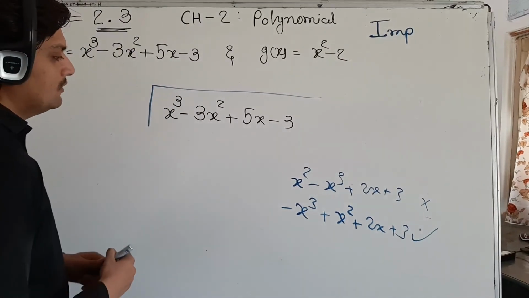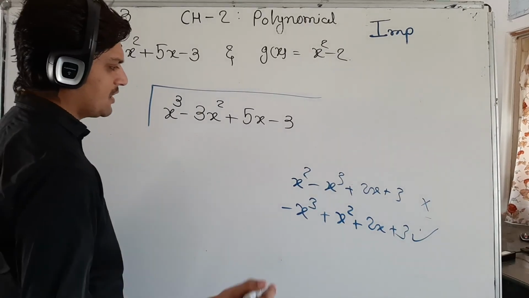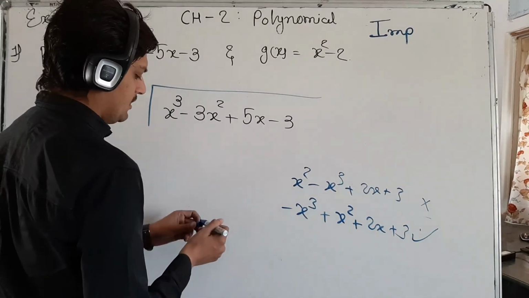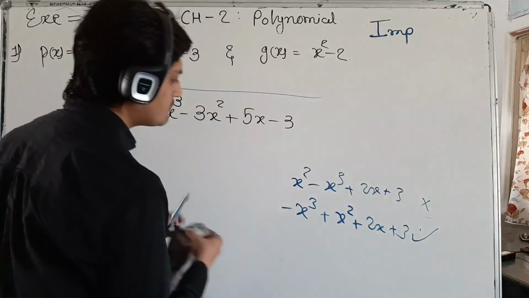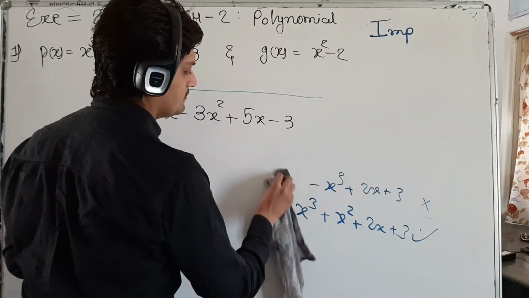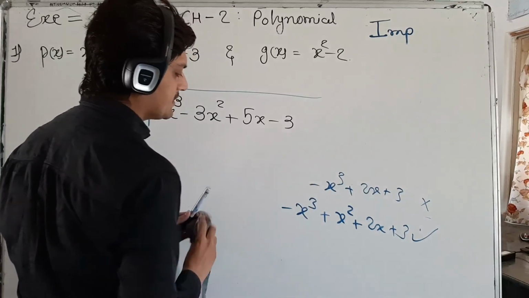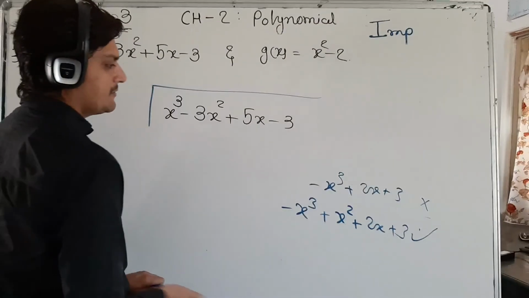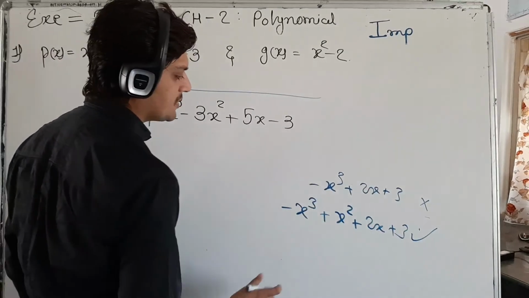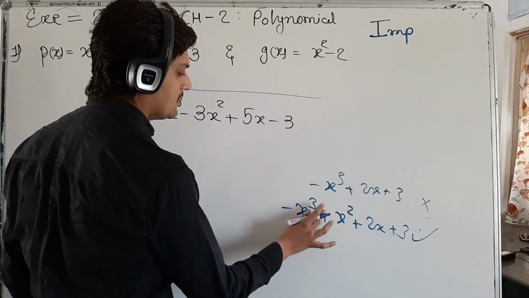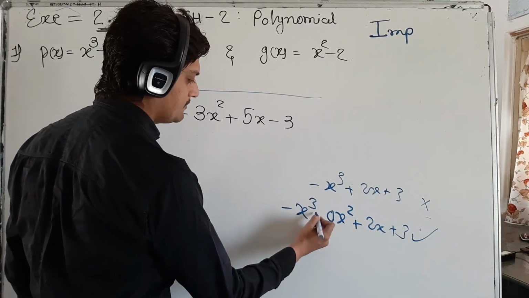One more thing, if some term is missing, for example here this term is missed. Suppose 3 power is given directly, then 2 power is not given, then 1 power and the constant term. Here you have to write 0x square.